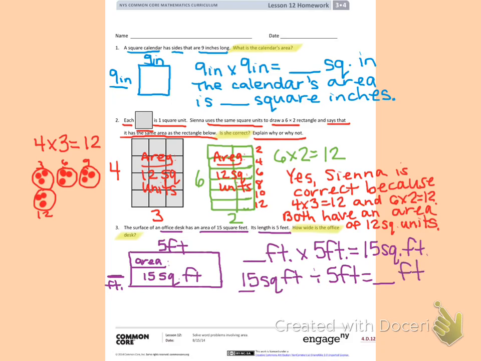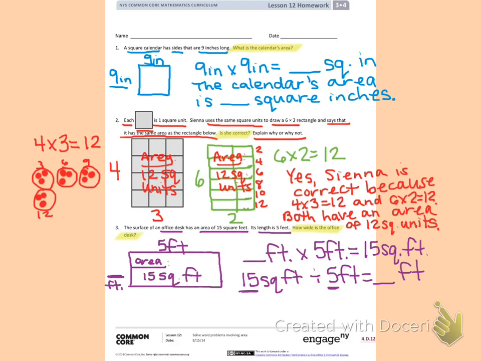So what is 15 divided by 5? That means if you have 5 groups and you take those 15 items and you divide them equally amongst those 5 groups, how many will be in each group?